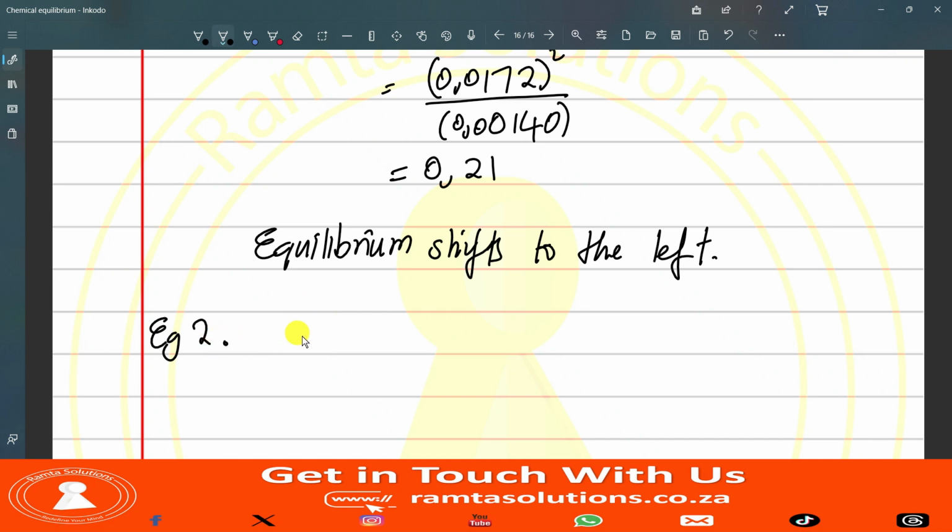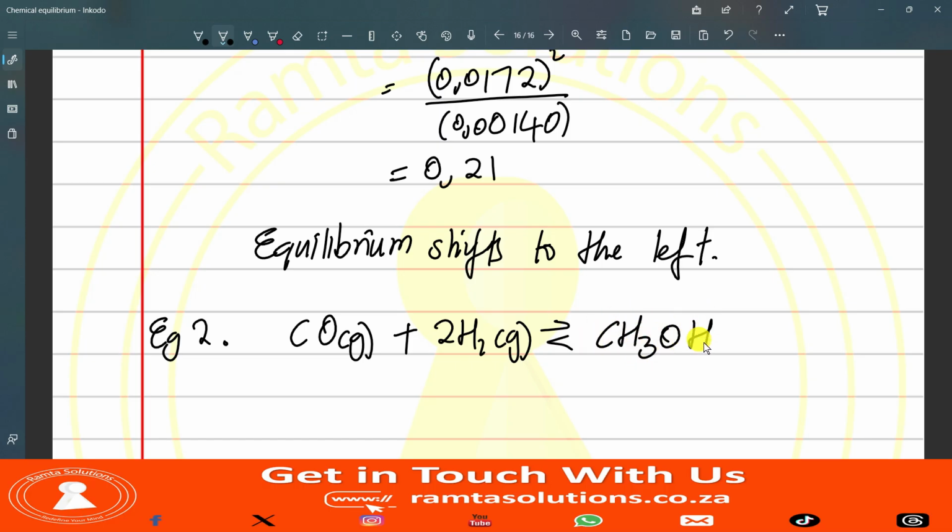The second example has carbon monoxide gaseous plus 2 hydrogen gases, then forming methanol. Right? So, let's see now what's happening here.